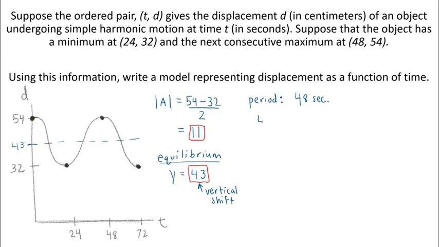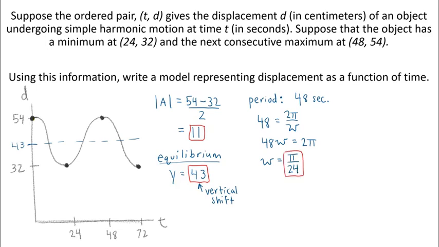We know that the period, 48, is equal to 2 pi over omega. Cross multiply, and we get 48 omega equals 2 pi. And then solve that for omega by dividing both sides by 48. And we get omega is equal to pi over 24.